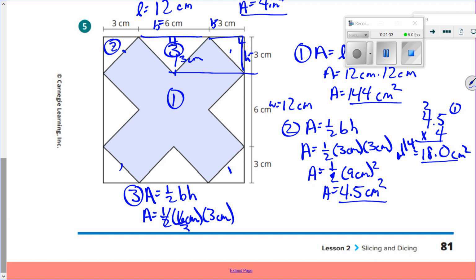Half of 6 is just 3. So the area on this one is 9 centimeters squared. But just like the other one, I have 1, 2, 3, 4 of this one. So I do 9 centimeters squared times 4 means that all 4 equals 36 centimeters squared.